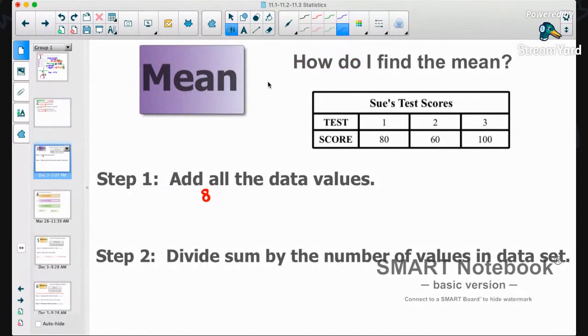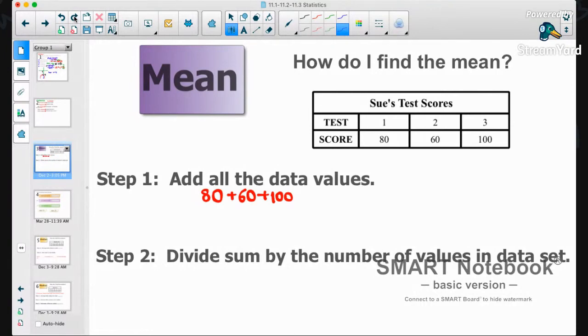mean. How do I find the mean? To be able to understand the mean, there are two steps we need to apply. First, as you see here, these are the data. To find the mean, you need to add all the data values. So 80 plus 60 plus 100.